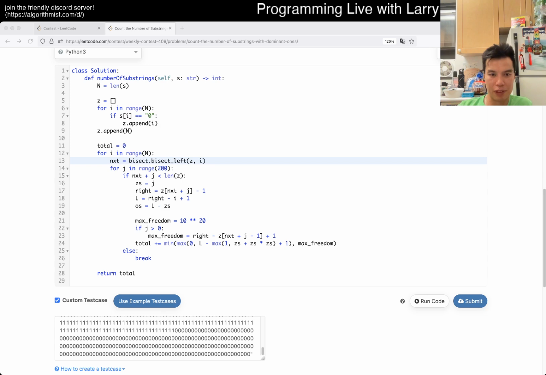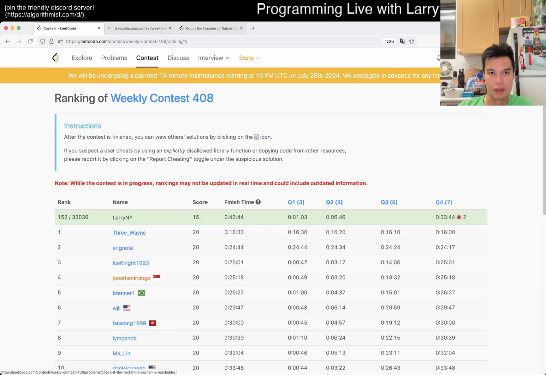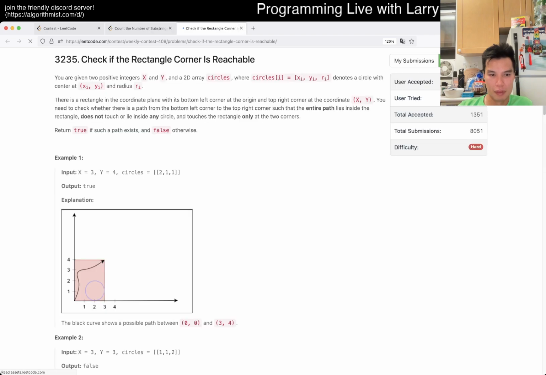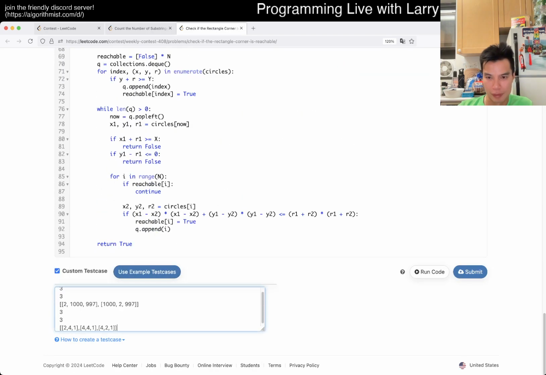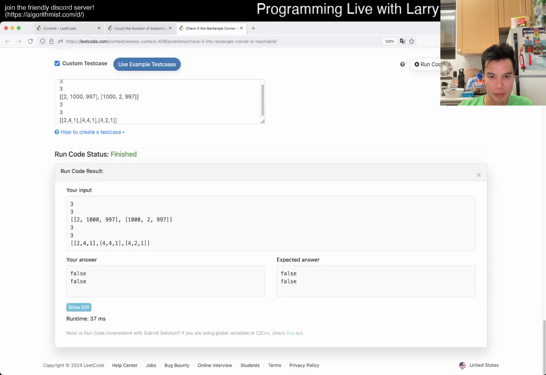All right, someone told me to try this for Q4. Let me try Q4 real quick. Let's see what was force. What is the idea here?